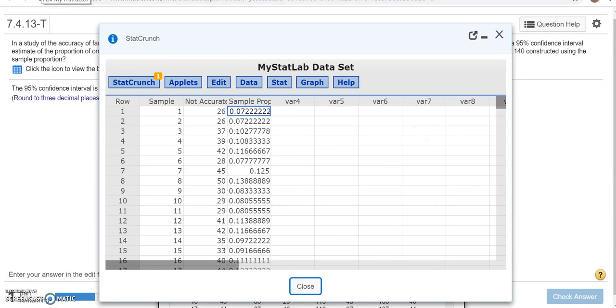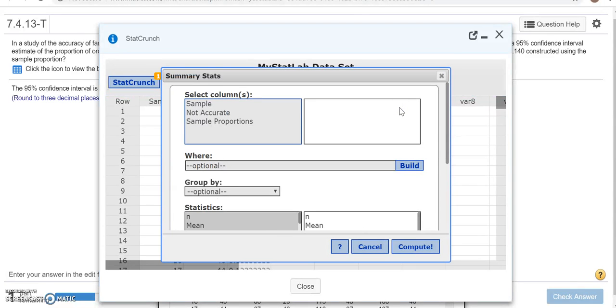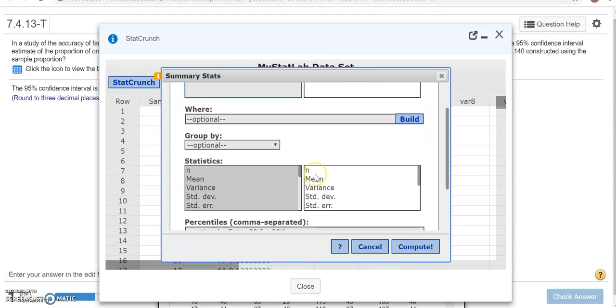Back to my StatCrunch. In order to find the percentiles, I'm going to go to Stat, Summary Stats, Columns. I want to get the percentiles for that column that I created of these sample proportions. Now if I scroll down, some statistics here are already selected.